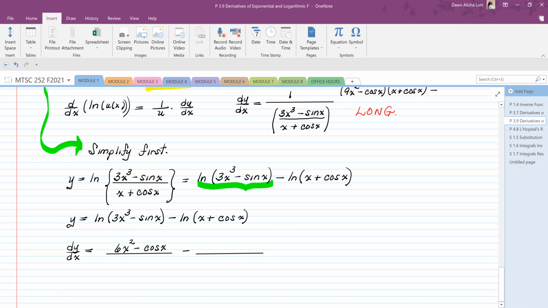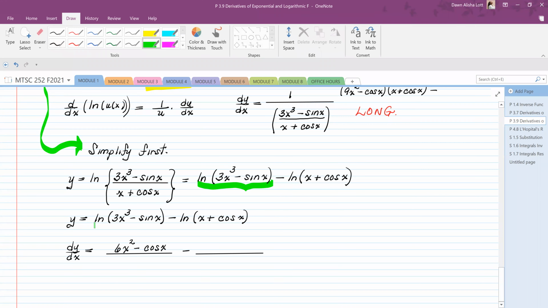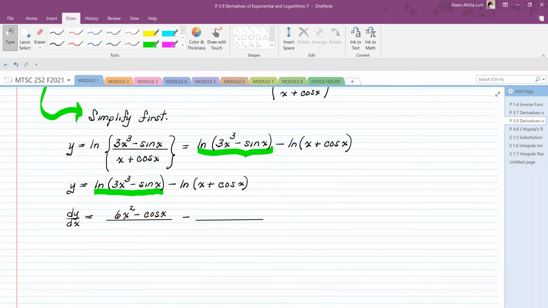You were focused on giving me the derivative of this piece, so finish it. How do you take the derivative of the log of u? What do you do with u? Would you put 3x cubed minus sine x in the denominator? That's exactly right.